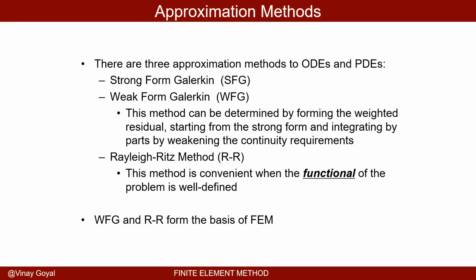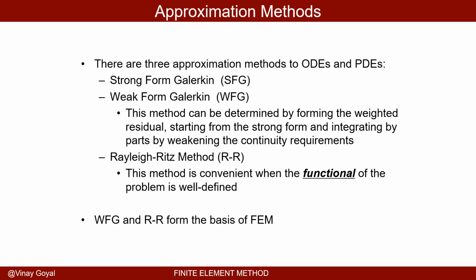There are three approximation methods that we've discussed: the strong form Galerkin, the weak form Galerkin, and the Rayleigh Ritz method. The weak form Galerkin is very nice. You start with a governing equation, you multiply by a weighted residual, and then you integrate by parts to weaken the continuity requirements. That way, the approximation function you select can be sufficiently differentiable, but it is not going to require a higher order polynomial like the strong form Galerkin does.